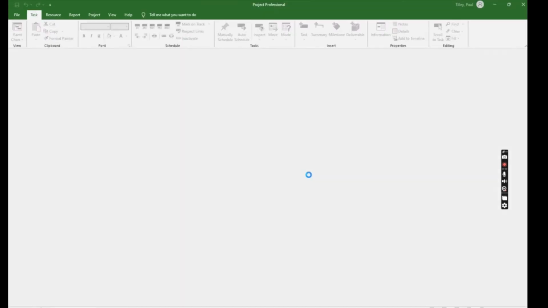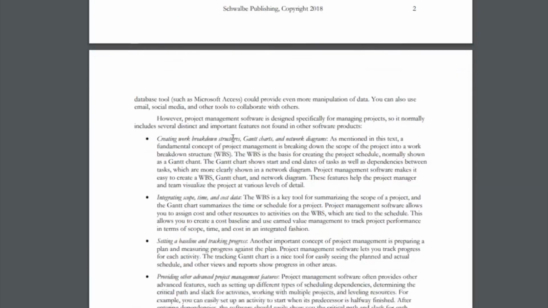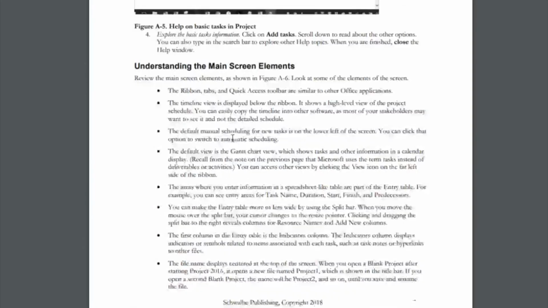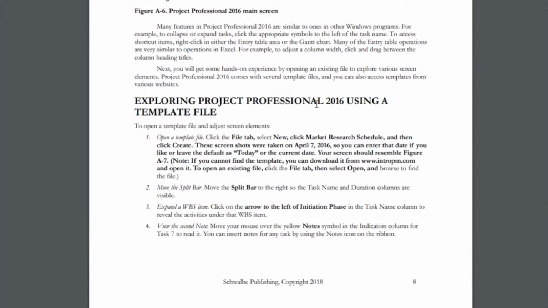If you go then to page 8 of the guide, so we go to the project guide, page 8 is where the actual project information starts: exploring Project Professional 2016 using a template file. Again, I appreciate we're not necessarily using Project 2016, it's a newer edition we're using, but the concepts are exactly the same. There are various steps listed, 1, 2, 3, 4, that lead you through exploring the file and doing various things.